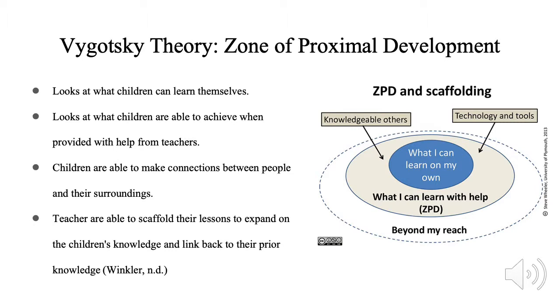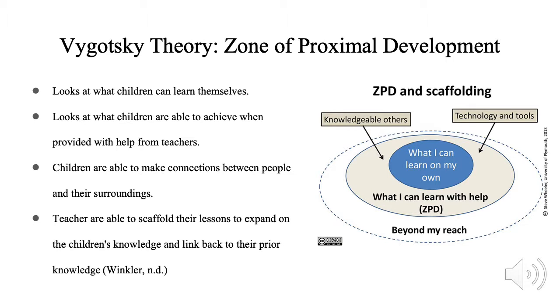So this links in with Vygotsky's theory of zone of proximal development, as it involves what a child is able to complete independently, and also looks at how a child can achieve the learning objective while receiving help from a teacher. Vygotsky believed that children made connections between people and their surroundings, which resulted in a shared experience.